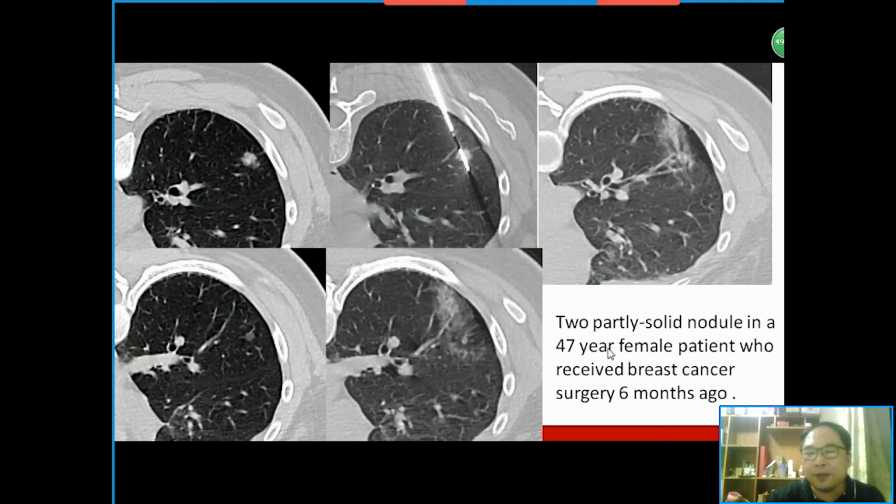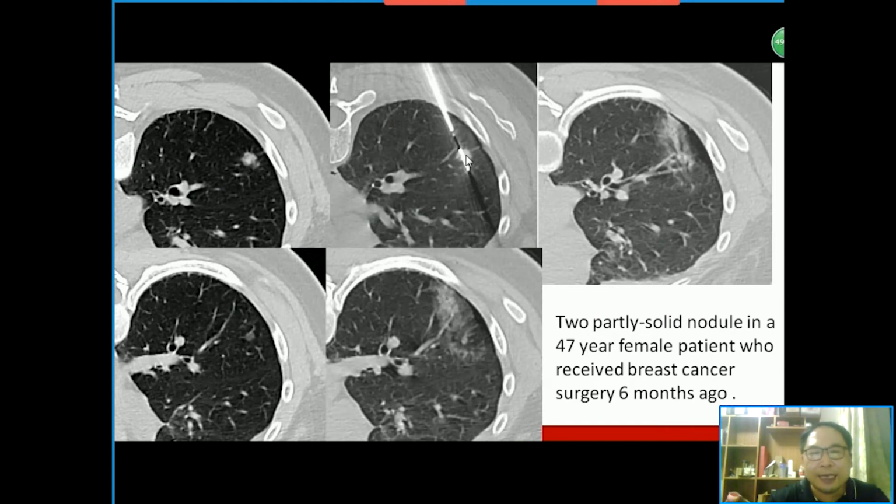This patient is a 47-year-old female, and she had a history of breast carcinoma and received operation and also chemotherapy. Two nodules were incidentally found in the lung, and the thoracic surgeon recommended resection, but she came for help.